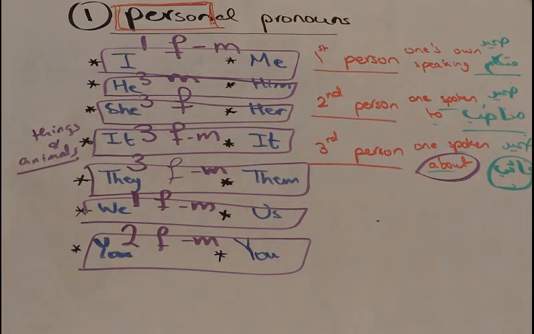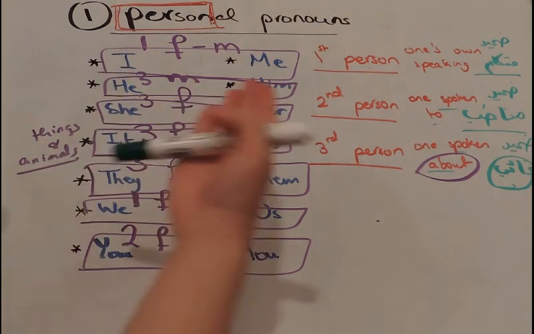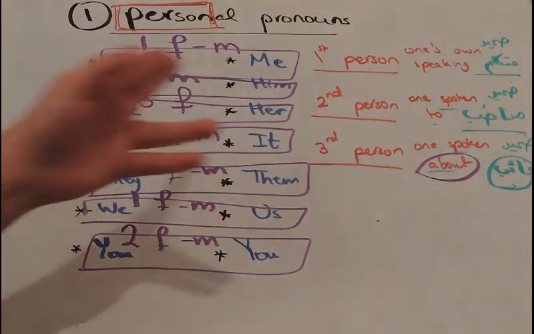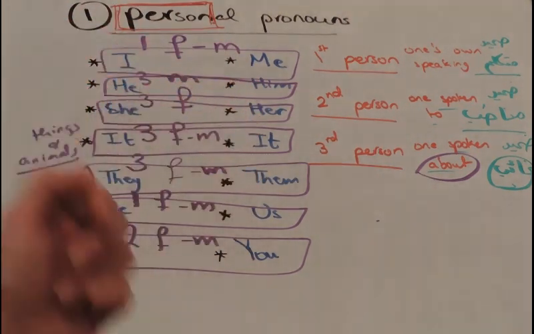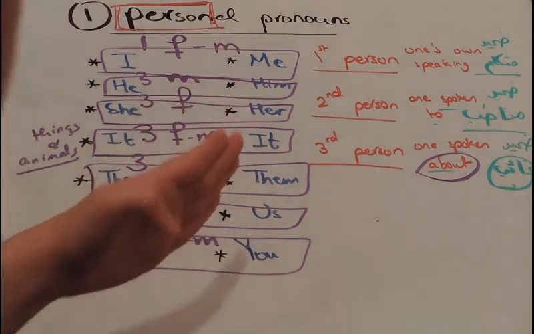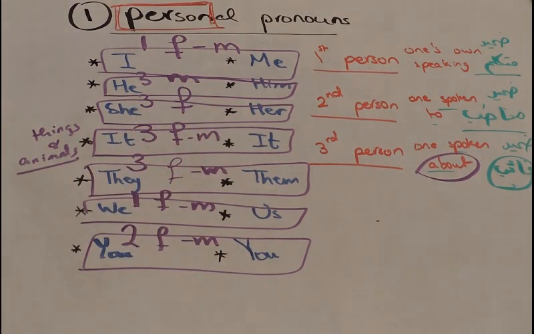Anyway, this is all for I, he, she, it, they, we, you. On the other side, we've got me, him, her, it, them, us, you. Remember that I put them next to each other for a reason. Me only comes to I, and him only comes to he. Her is only related to she. As for it, them, us, and you.